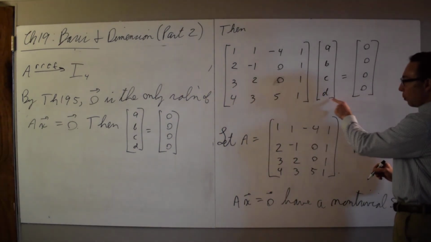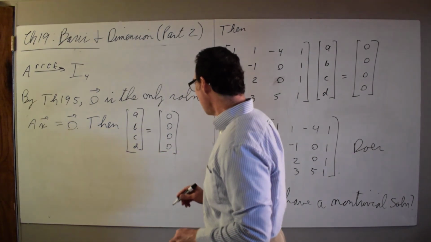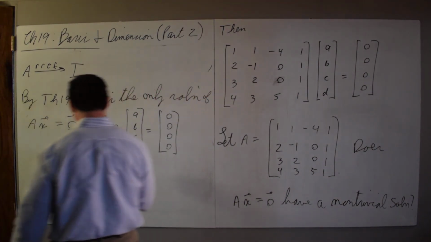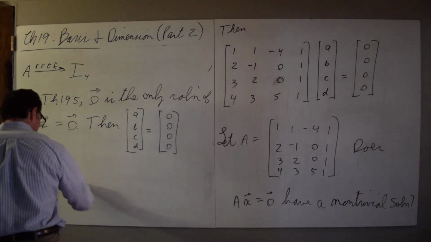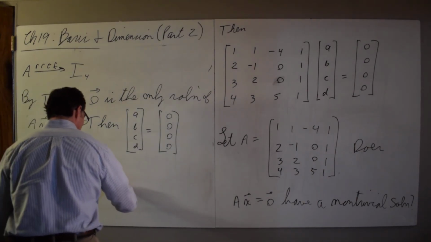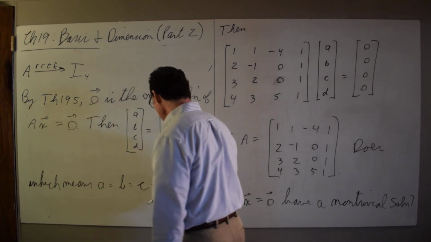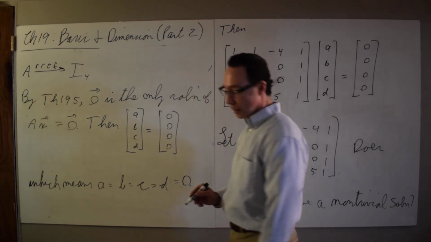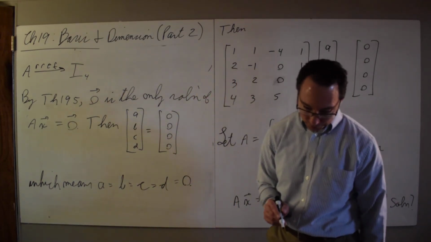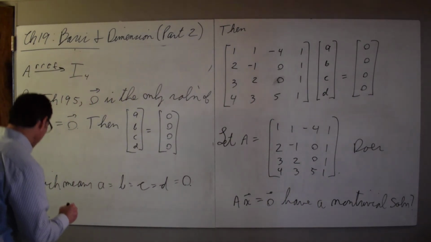But 0 is the only solution to this equation, so this vector has to be the 0 vector, which means A equals B equals C equals D equals 0. Therefore, the matrices are linearly independent.